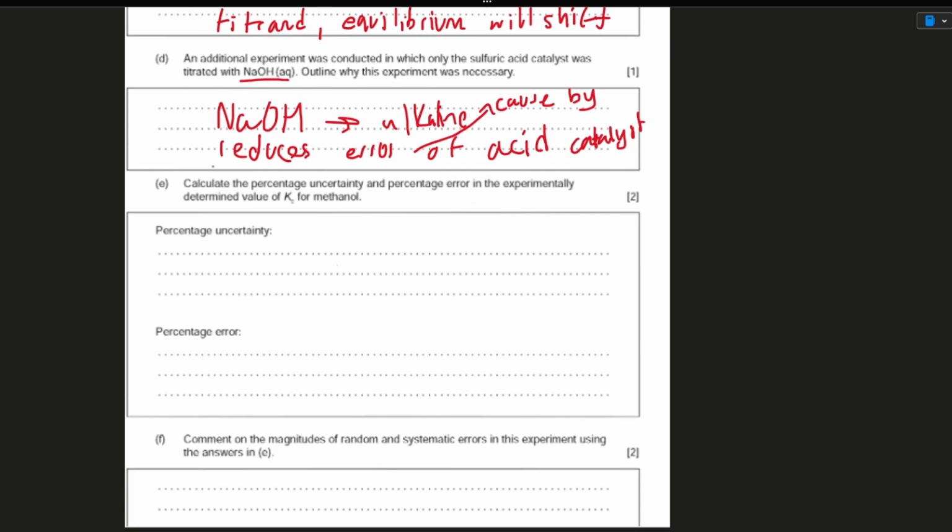And part E says calculate the percentage uncertainty and percentage error in the experimentally determined value of Kc for methanol. So the difference between error and uncertainty is that uncertainty is a range of values within which the true value is asserted to lie.